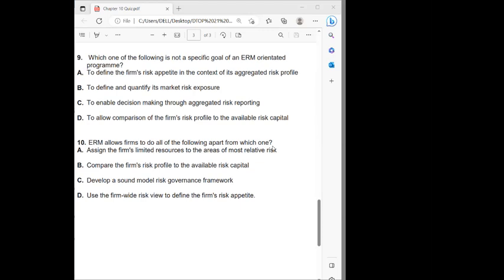So again, when we are looking at overall firm-wide risk on the ERM, why do we want to look at one specific aspect of risk? So therefore, that is the odd answer here, right? Incompatible answer here. So develop a sound model risk governance framework is the correct answer. Question 10.